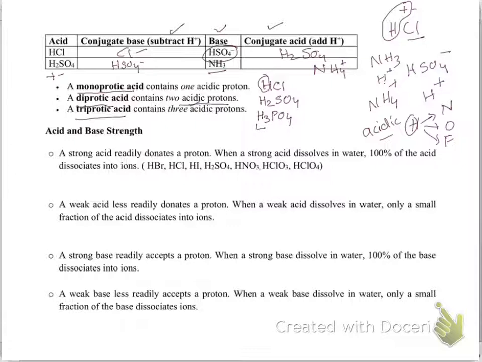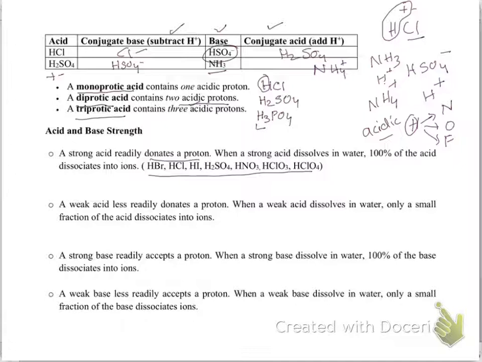The next topic is the acid base strength. Acid can be strong or weak. A strong acid means it readily donates a proton, means when you put the acid in the water, it dissociates 100% to form the ions. This is the list of 7 strong acids and you need to know these. For this class, all other acids we are going to consider them as weak acids.